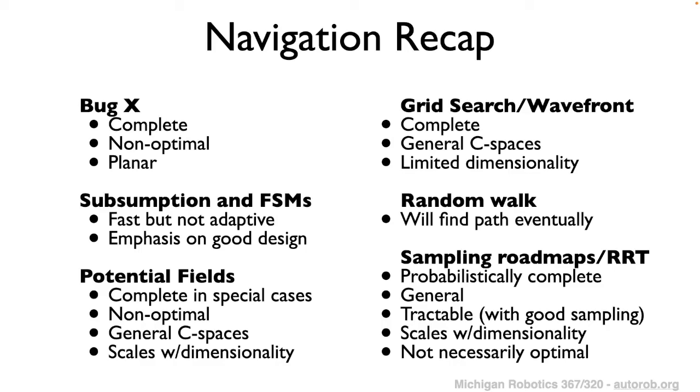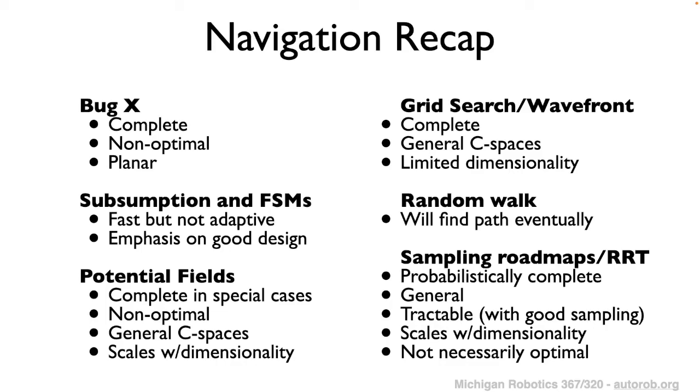We then talked about subsumption and finite state machines. These were nice in that they were also reactive, so they were fast, but the challenge was in designing them and in incorporating sensor information to be more deliberative.